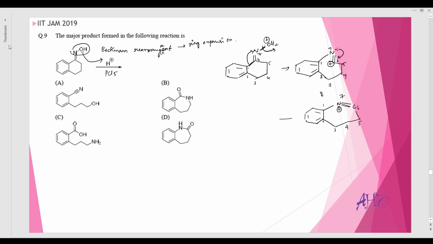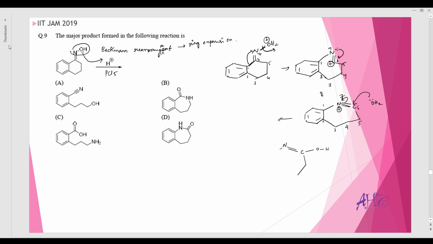Now, in solution we have water, right? So the water, H2O, will again attack your carbon, and this nitrogen will be stabilized. Literally, let me draw only the nitrogen. On the nitrogen group, this is going to be your alcohol. So this is how your alcohol will be formed in the reaction.